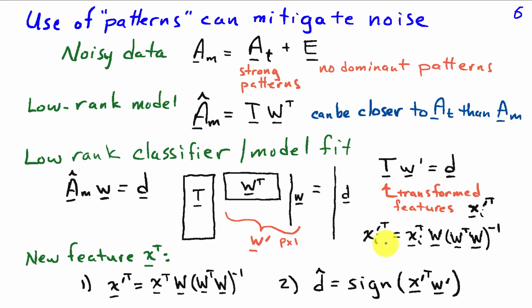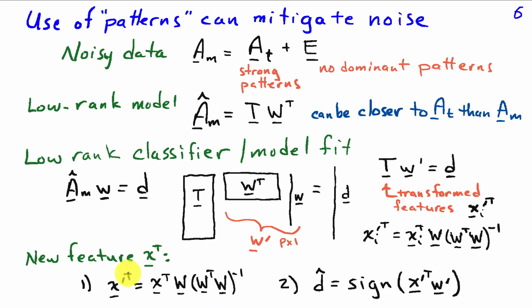So when I have a new feature, say x transpose, that I want to classify after I've solved this problem to learn my classifier weights, then I would first compute x prime transpose by multiplying x transpose on the right with capital W times the quantity capital W transpose times capital W inverse.